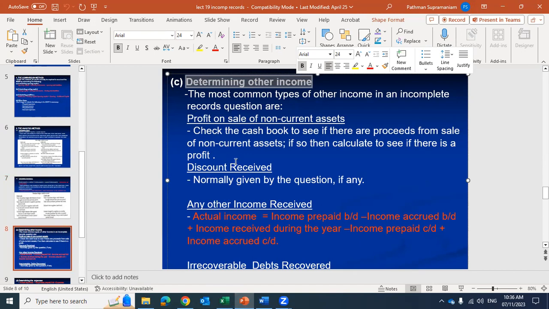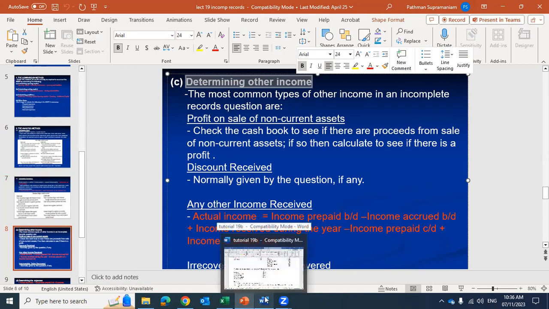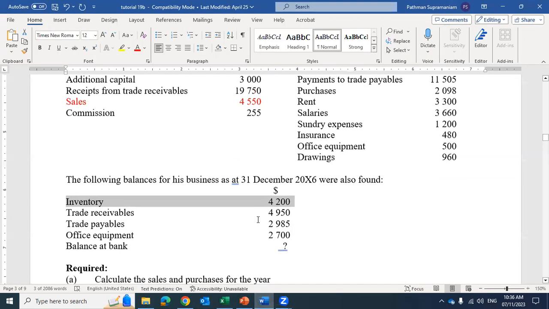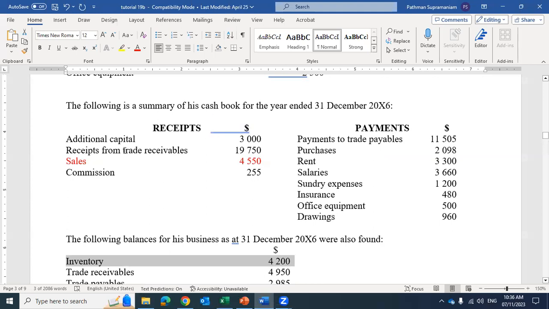To find the cash related income, go to your cash book, debit side, and look for income. This is not income, this is additional capital. We have already picked this one. So this is income.